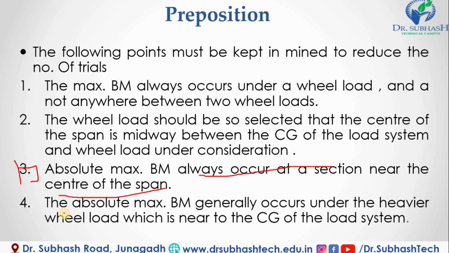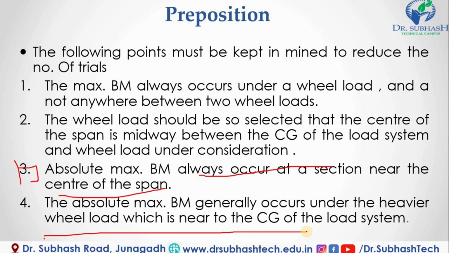And the fourth one, the absolute maximum bending moment generally occurs under the heavier wheel load which is nearer to the CG. Now the number of wheel loads is given. So which one is placed nearer to the CG? Out of 4 wheel loads, the one that is maximum should be placed at the CG, and that arrangement gives the maximum value of bending moment.